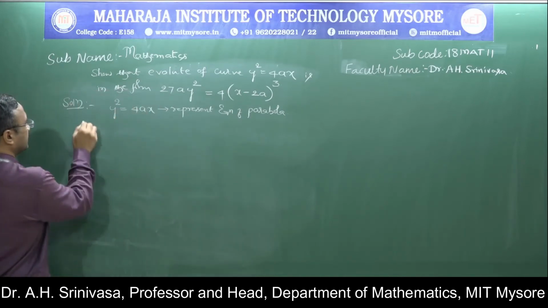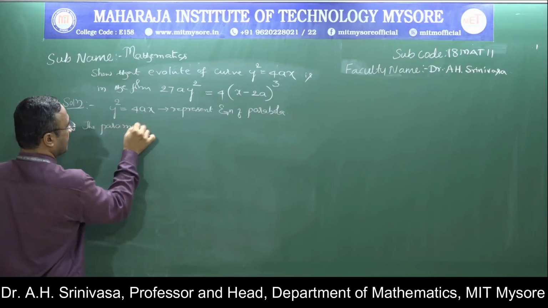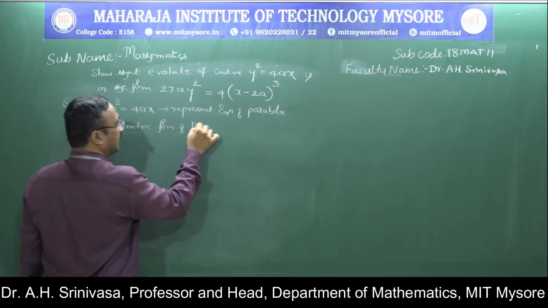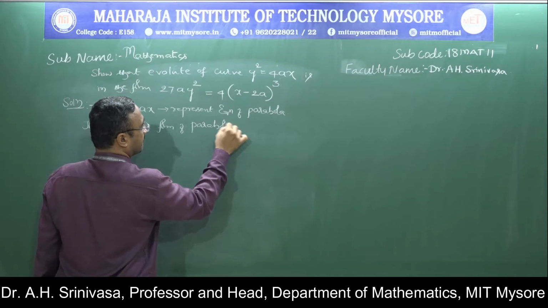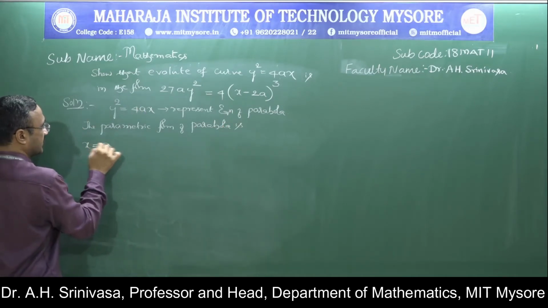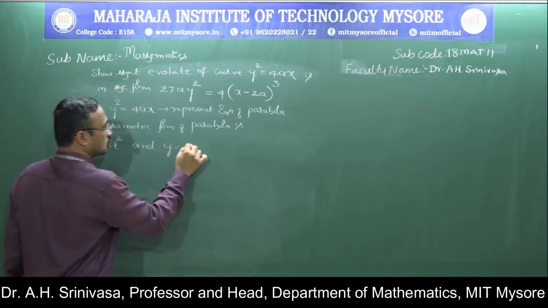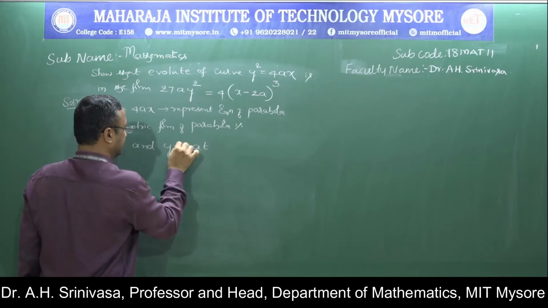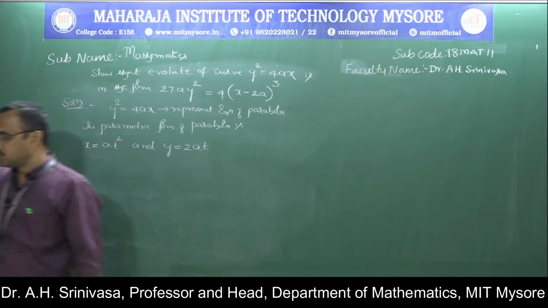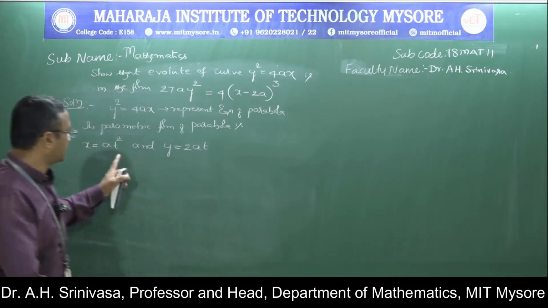The parametric form of the parabola is x equal to at square and y equal to 2 times of at. So this is the parametric equation, that is x equal to at square and y equal to 2at. This is the parametric form.